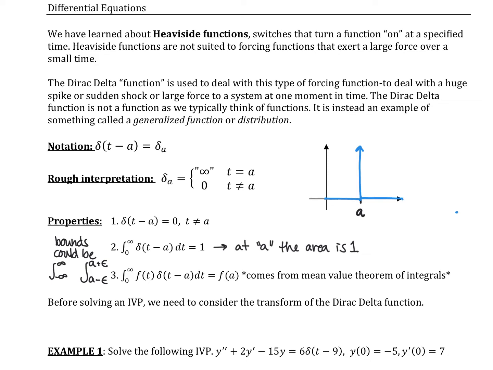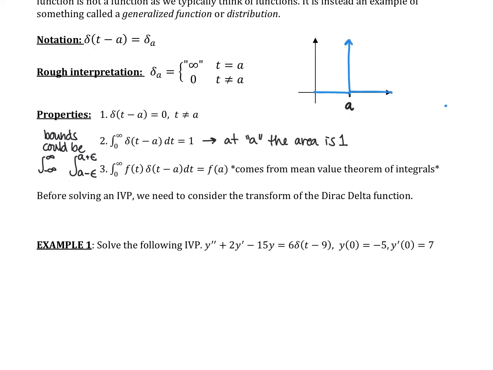So if we look at our table of Laplace transforms, transform 4, the Laplace transform of this Dirac delta equals the integral from 0 to infinity of e to the negative st Dirac delta t minus a dt, and this is using the definition of Laplace.